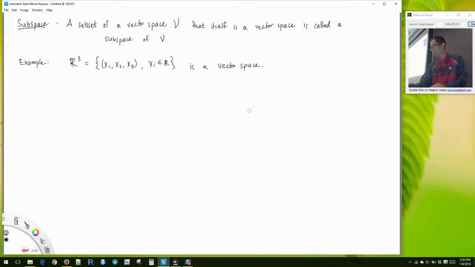Okay, and then we can have a basis B, which is going to be these three particular vectors: 1, 0, 0, 0, 1, 0.